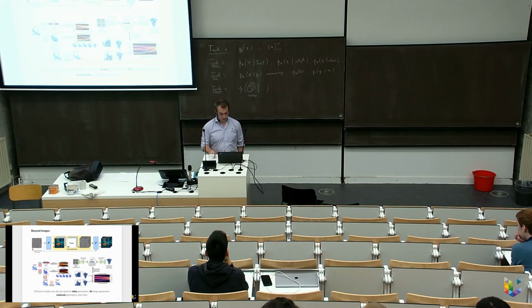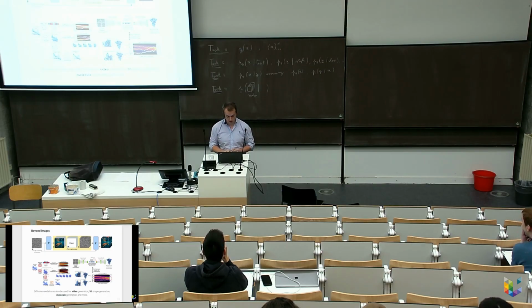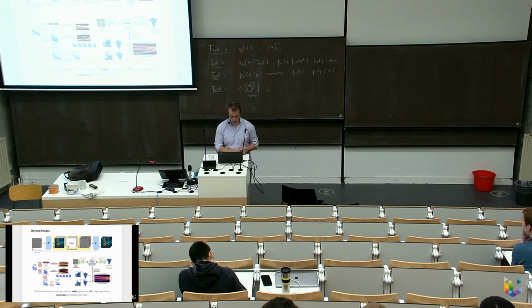So this is just to say that you can be as creative as you want with diffusion models. You can apply them to many kinds of data. It does not need to be within the scope of images only. And I would say images are actually now the least interesting modality of data, but you can apply them to videos, 3D shapes, graphs, in this case molecules, but fundamentally it's just graphs.